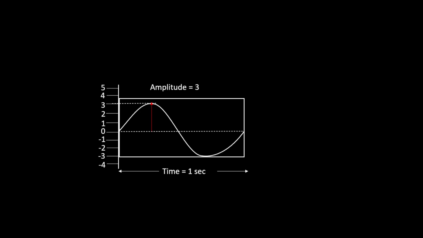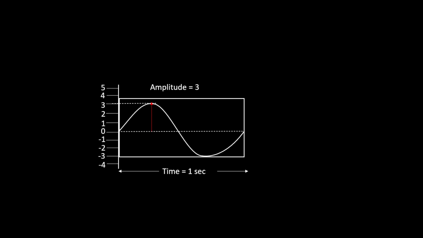So, here is a sine wave, and it may look like a simple curve to you, but it has a lot of implications in various fields. And you can see that a sine wave is a continuous and smooth oscillation that repeats itself over a particular time.